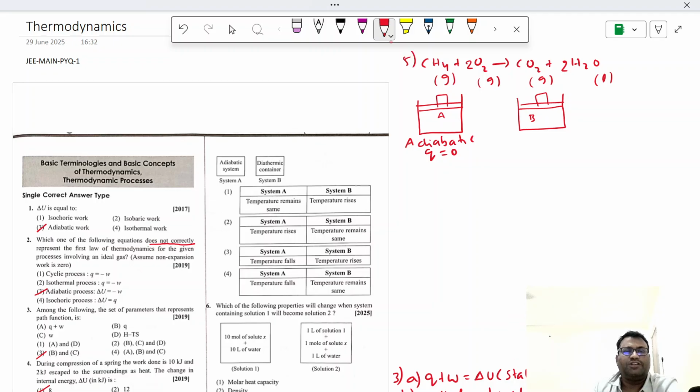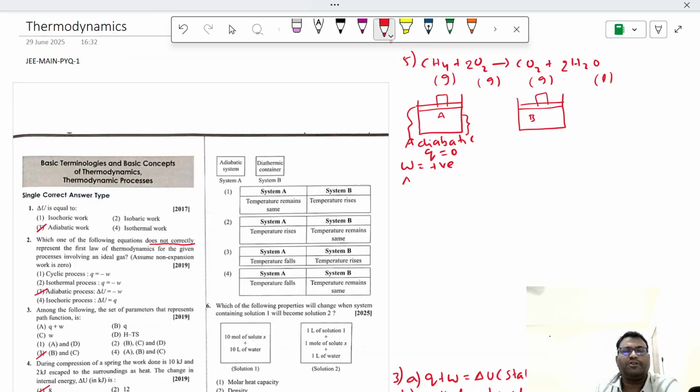So volume decreases. Volume decreasing means compression. Compression means work is done on the gas. That means work is positive. Q is equal to 0.